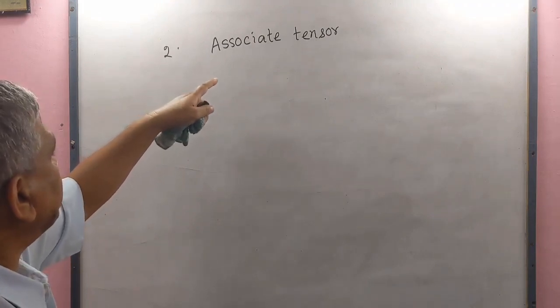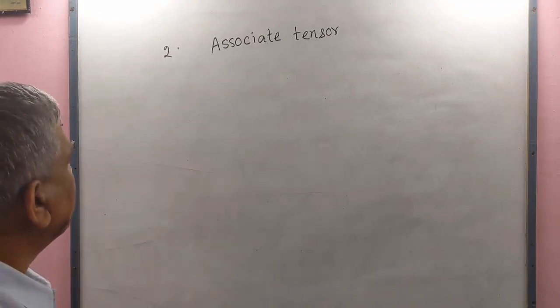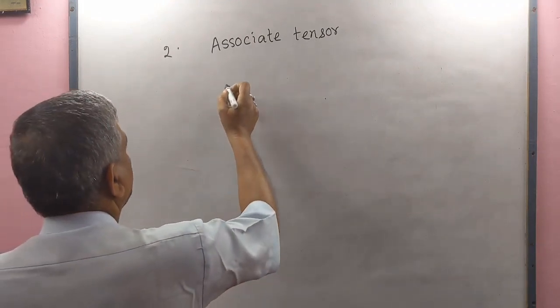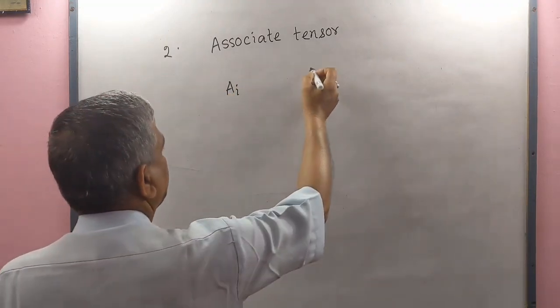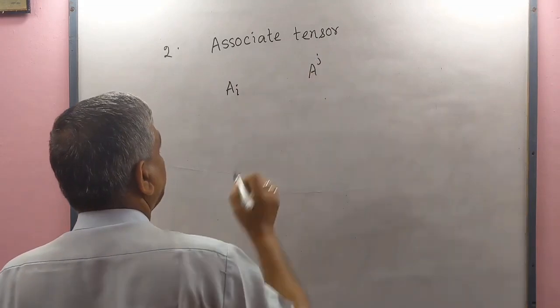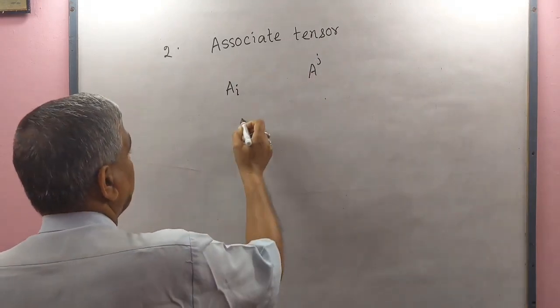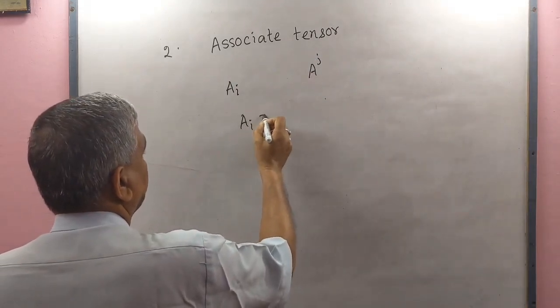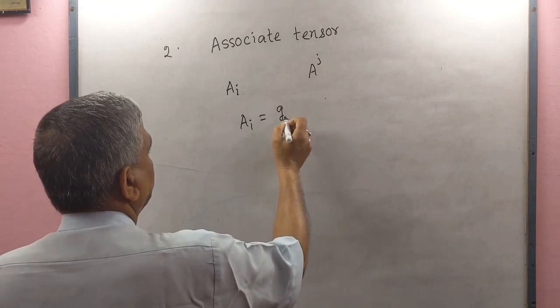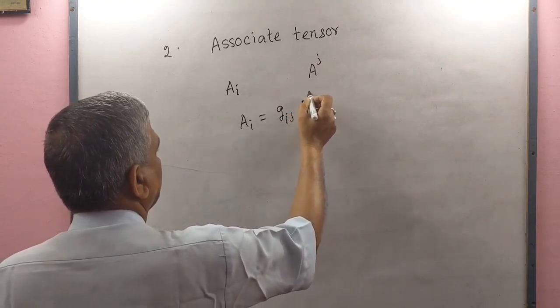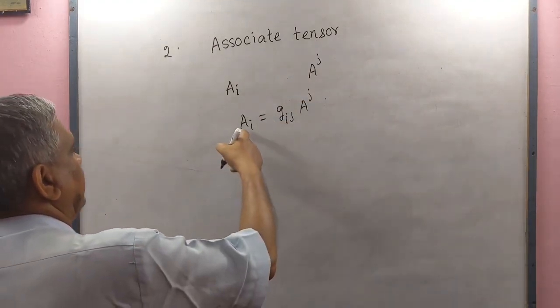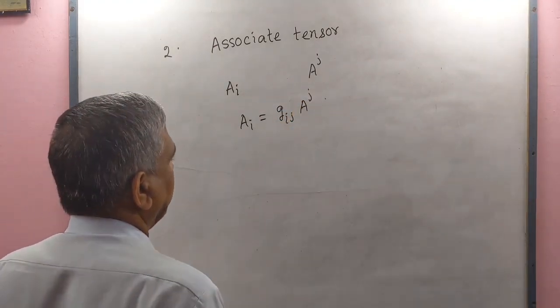Now we will discuss about associate tensor. A covariant vector Ai is said to be associate to Aj if Ai equal to Gij Aj. Then Ai is associate to Aj.